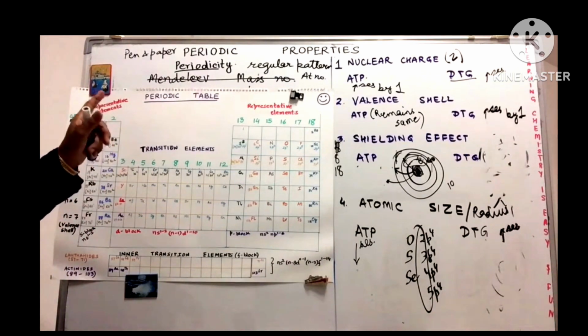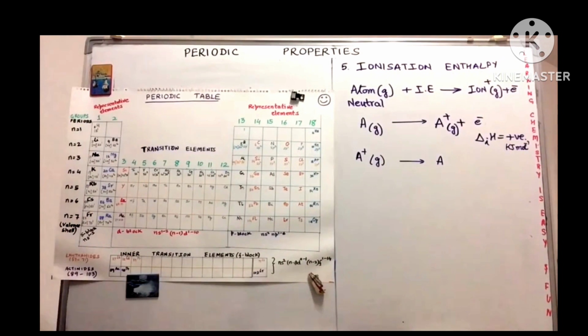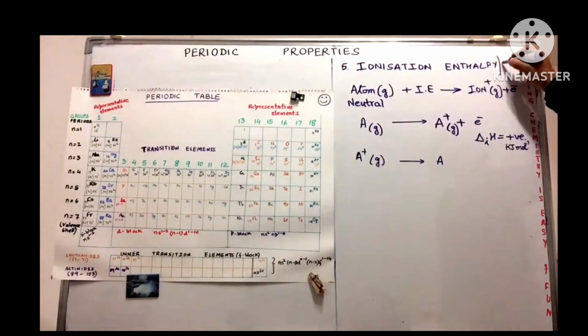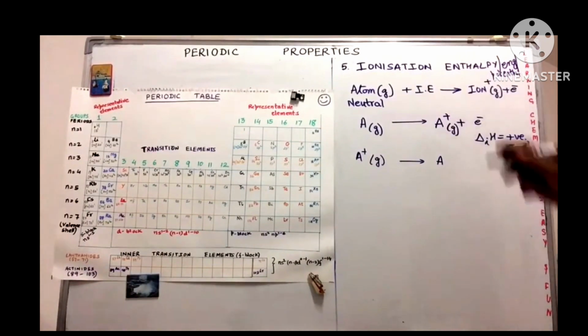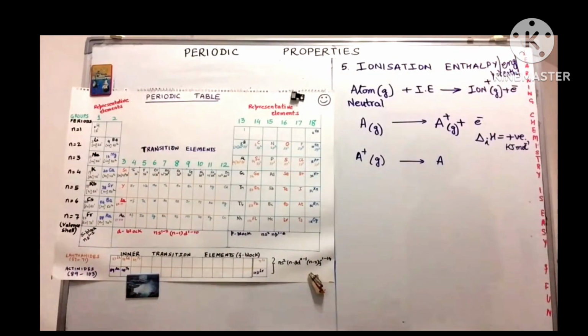Next, get ready for ionization enthalpy. Ionization enthalpy, also called ionization energy, also called ionization potential. Now, if you understand the meaning of the term ionize, then ionization enthalpy or ionization potential will be very easy for you to understand.